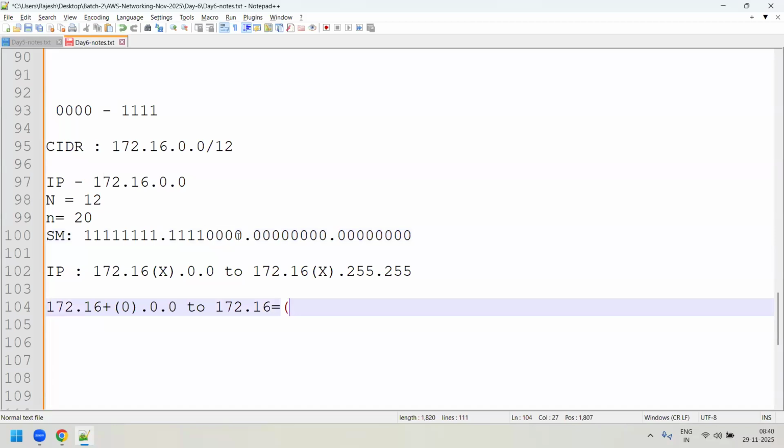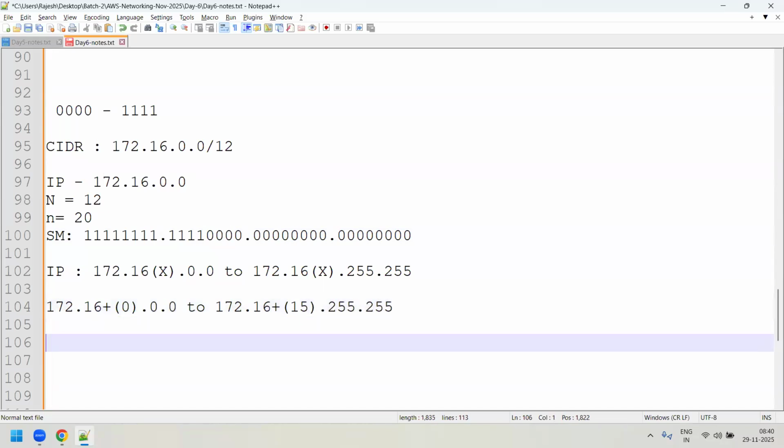If everything is 111, it will be 15, right? So the final is nothing but 172 dot 16 plus 0, that is 16 dot 0 dot 0, to 172 dot 16 plus 15, that is 31 dot 255 dot 255.